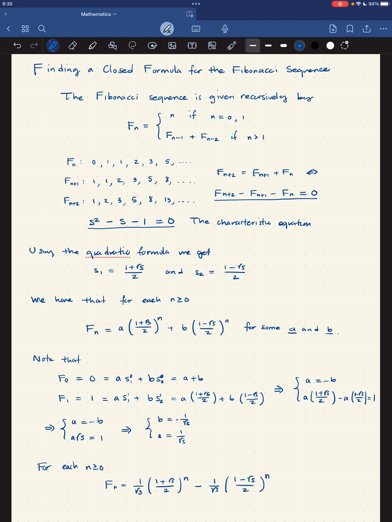And with this we conclude. We obtain a formula that doesn't involve the recursive terms of the Fibonacci sequence.